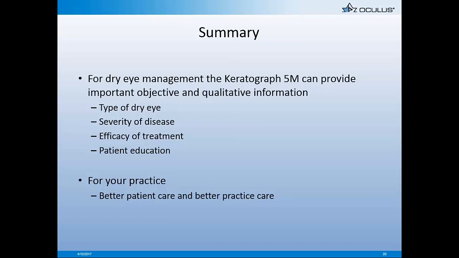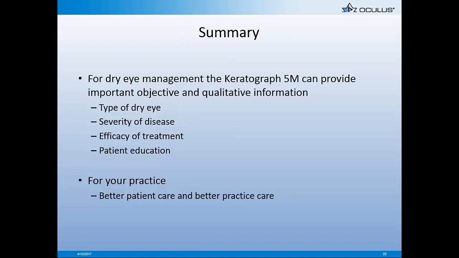Some were successful right away, some needed a little bit of help, but by using the Keratograph, you really are able to help that patient, and you'll find out what type of dry eye, how bad is it, but then you'll be able to follow them and really be able to see if your treatment plan is working or not. I think I've said maybe a couple thousand times, it's nice to finally have science behind us.